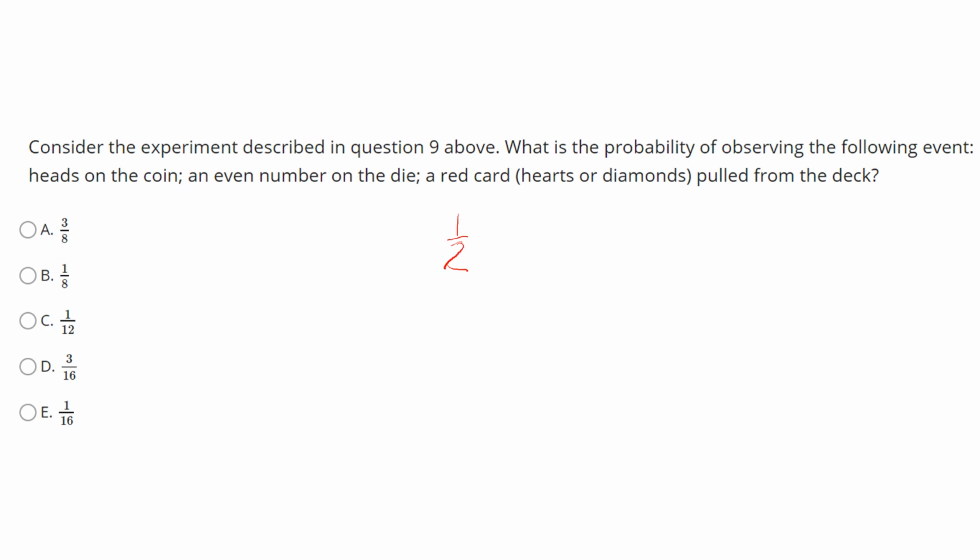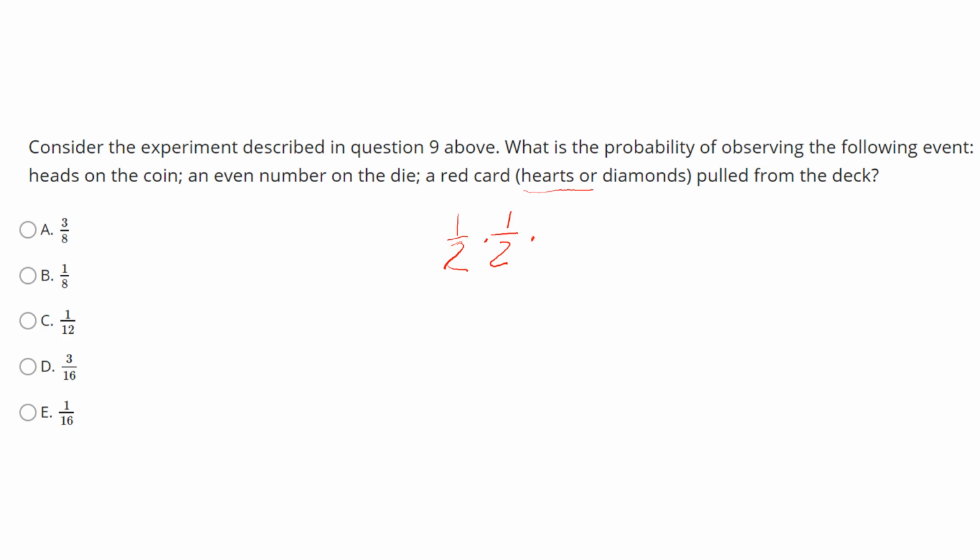We have an even number on the die, again, that is a half, because there are 3 even numbers on the die, and 3 divided by 6 gives us a half. And then lastly, a red card is pulled from the deck. There are only 2 colors. And again, the clue is given to you there.